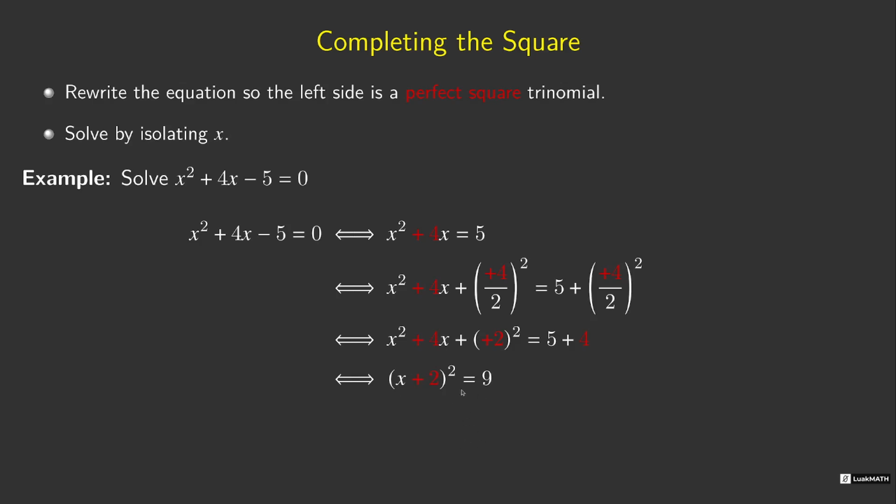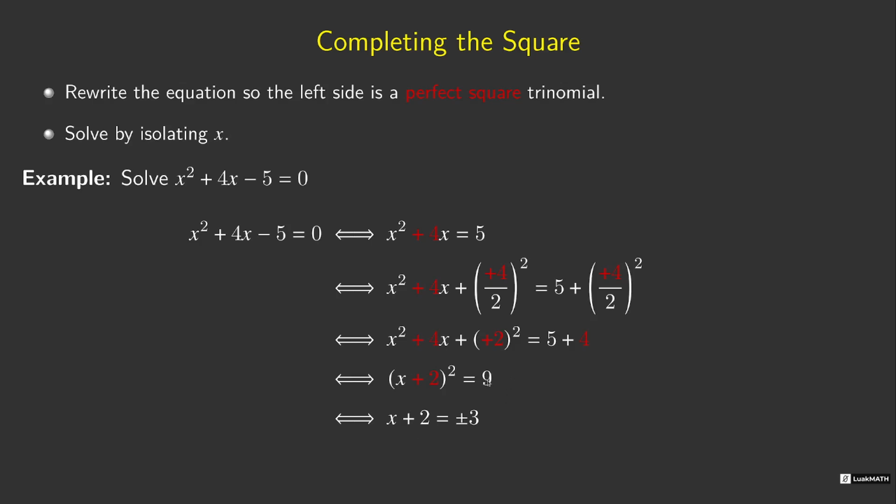Now here to solve for x is very easy, because now we can just take the square root of the left hand side and also take the square root of the right hand side, and that's what I do. So when I take the square root of the left hand side, the square root and the square here will cancel, so I get x plus 2 on the left hand side.